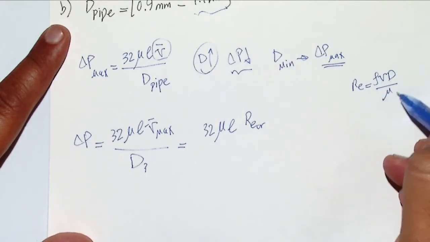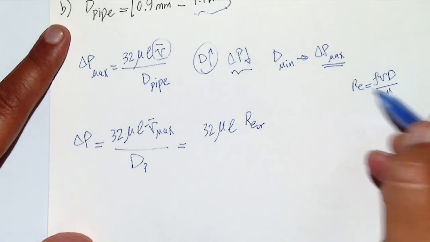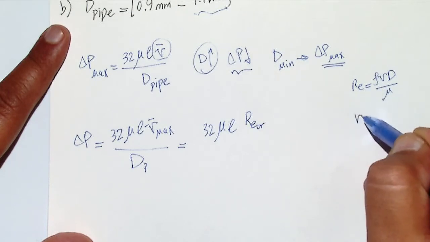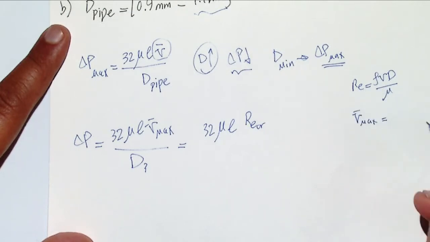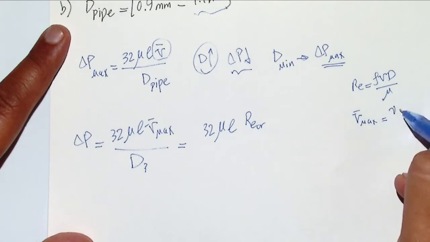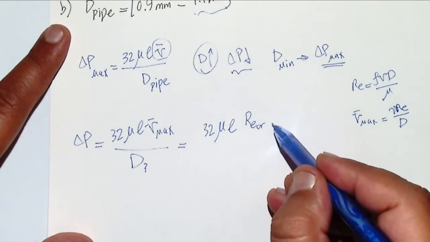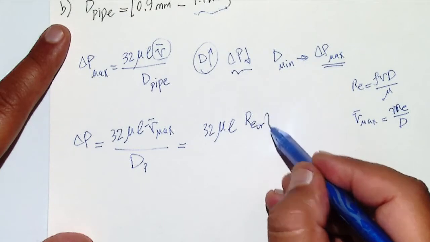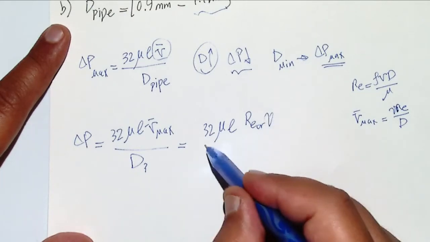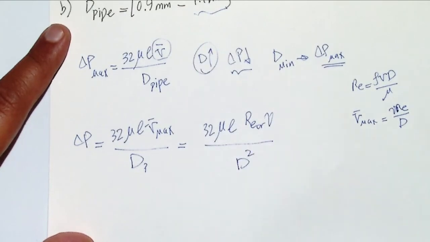So velocity maximum is going to be Reynolds times nu over D, right? So I can replace that by Reynolds critical times nu over D, and D squared.